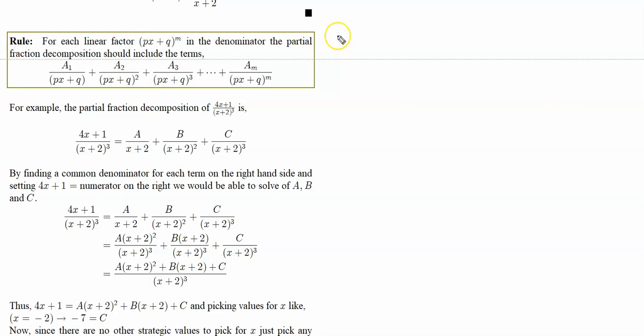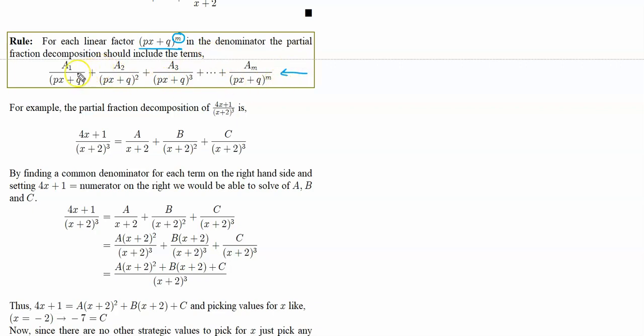When you take the denominator of your rational function and factor it, for each linear factor of this form, p times x + q, where p and q are constants, raised to the mth power, your partial fraction decomposition should include this expansion right here.